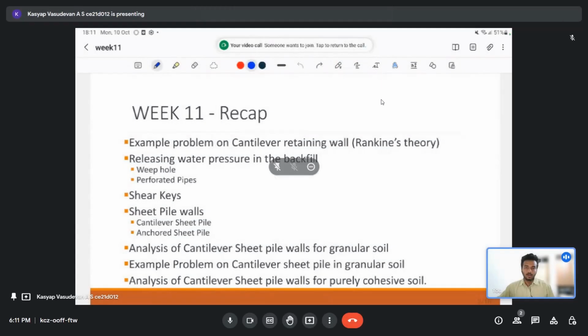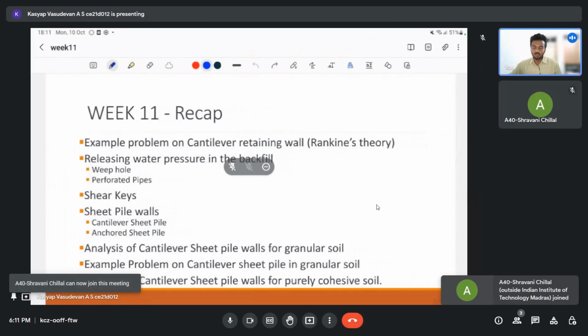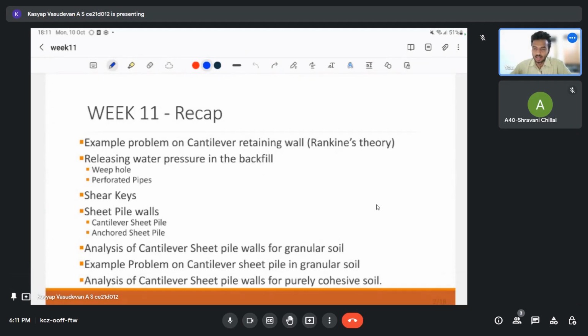So two of the ways to release the water pressure from the backfill are weep holes and perforated pipes. A weep hole is nothing but a hole we give on the retaining wall, whether it is a retaining wall or any retaining structure, and the water is allowed to escape through it from the backfill directly from the face of the wall.